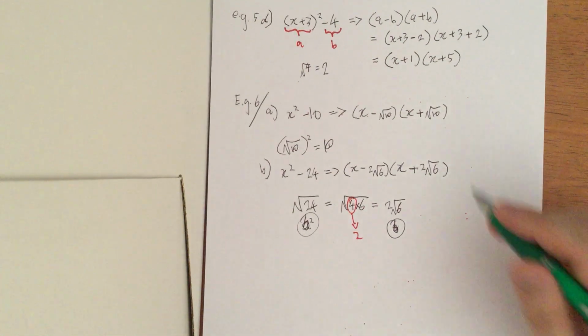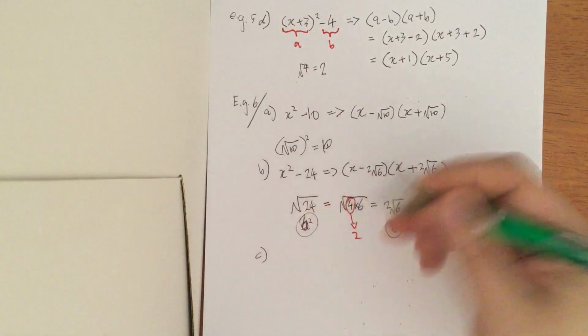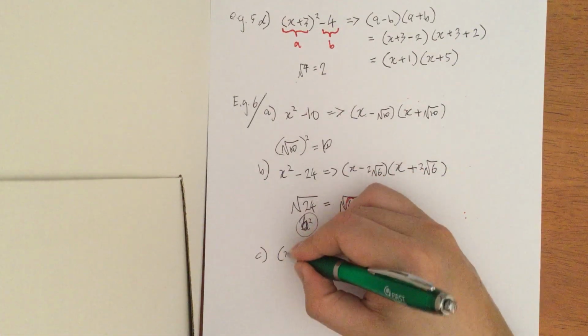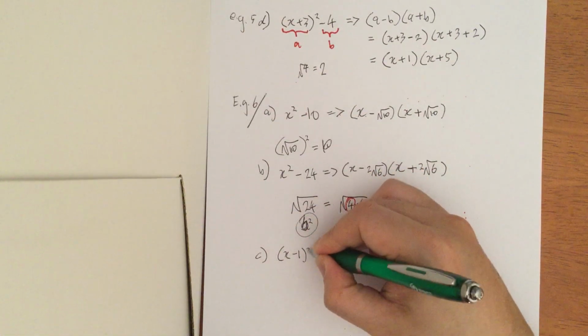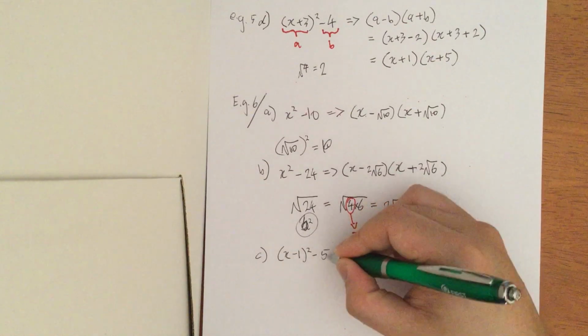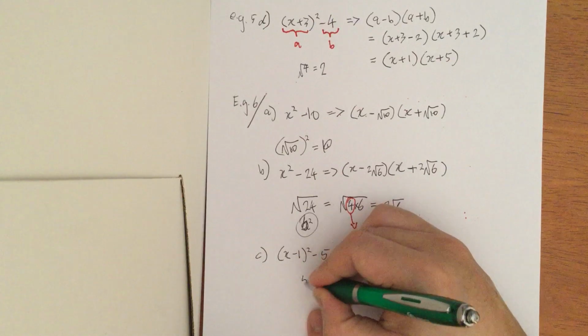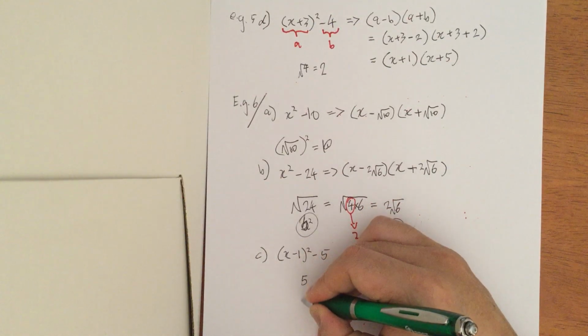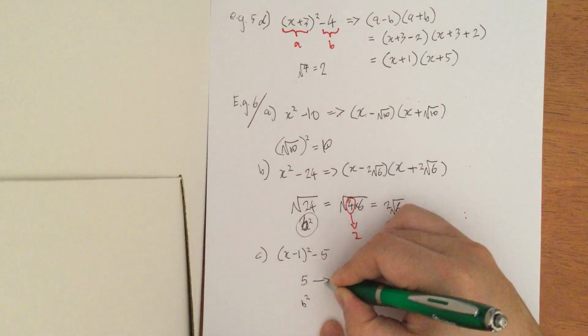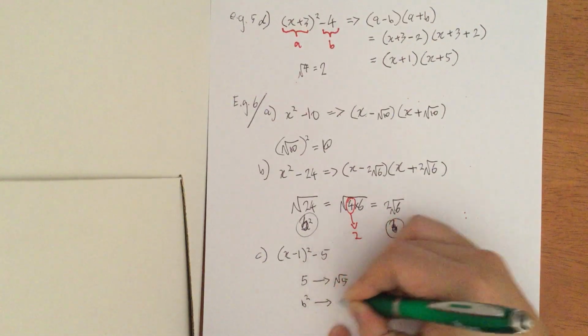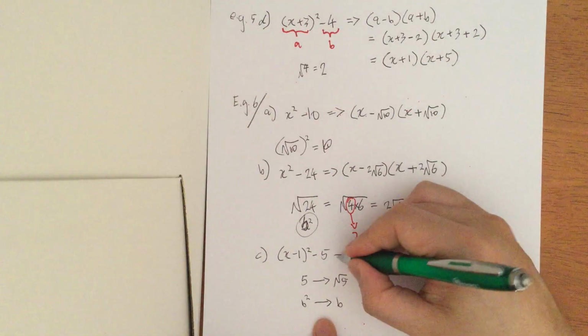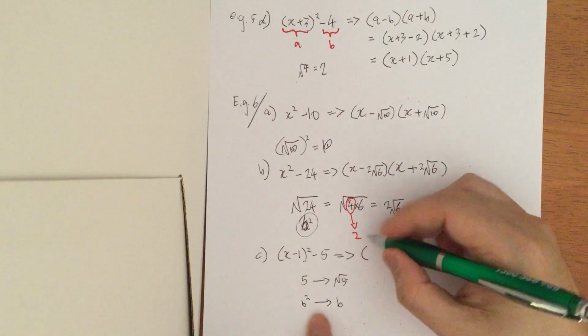Now the last one here is essentially similar to what we have done in the past. It's just that you don't have a square number. So if 5 is equate to b squared, well then square root of 5 is equate to b. Okay? And so you rewrite it.